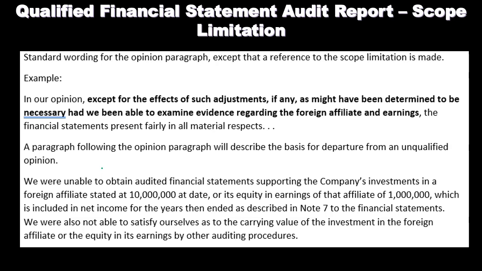We were unable to obtain an audited financial statement supporting the company's investments in foreign affiliates stated at $10 million at date, or its equity in earnings of that affiliate of $1 million, which is included in net income for the years then ended, as described in Note 7 to the financial statements.